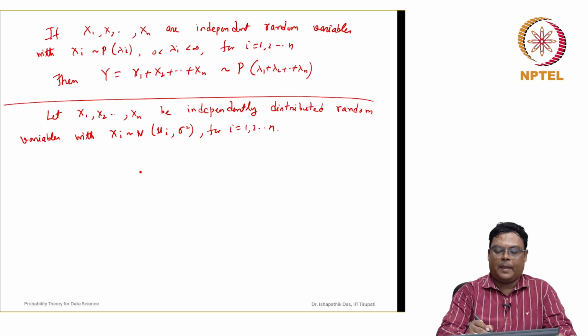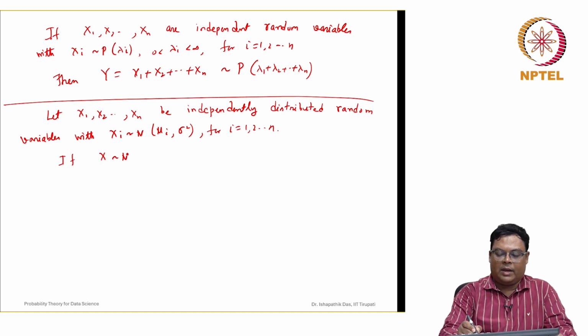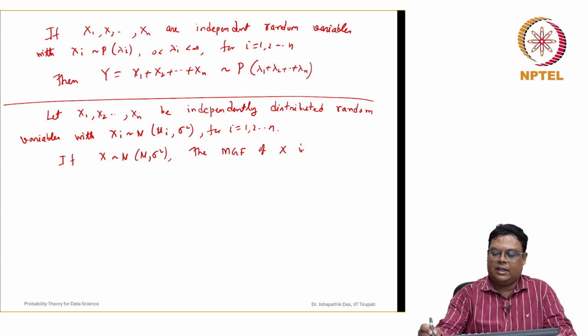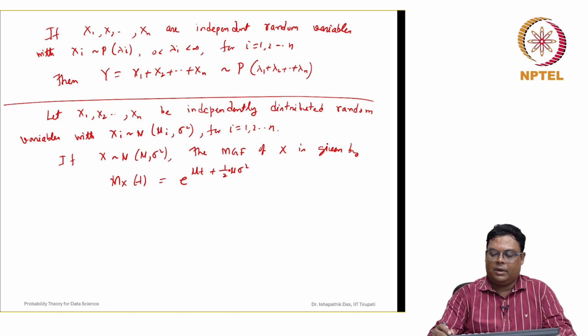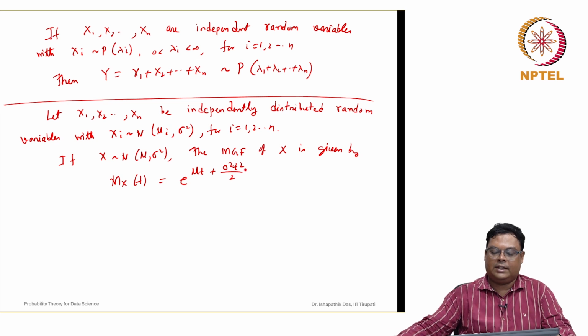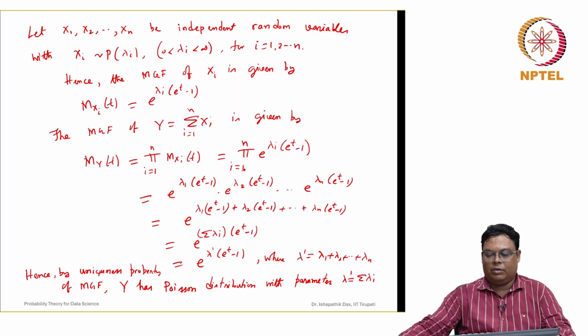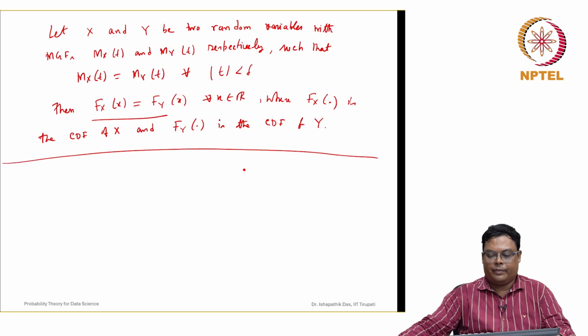So recall that if X is normal(mu, sigma square), the moment generating function of X is given by M_X(t) equal to e to the power of mu t plus sigma square t square by 2. Let us see, we have just gone through this. Here it is.